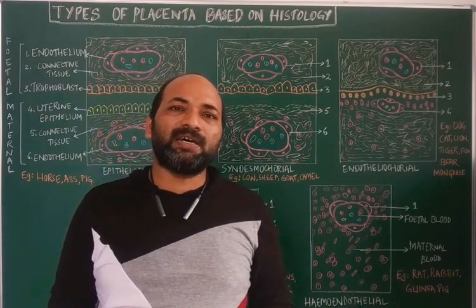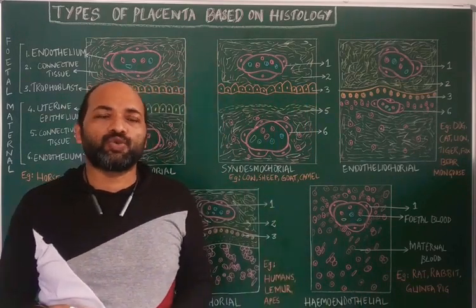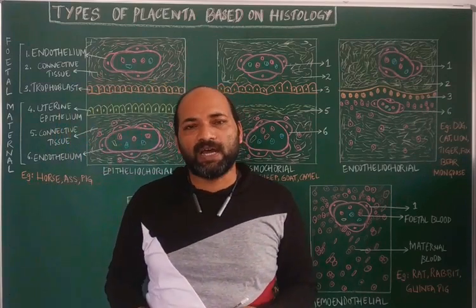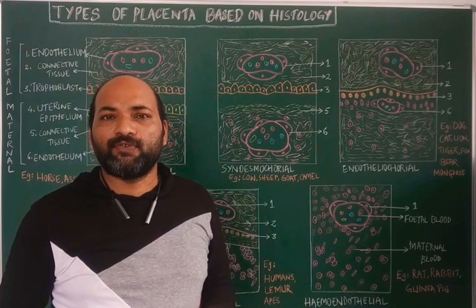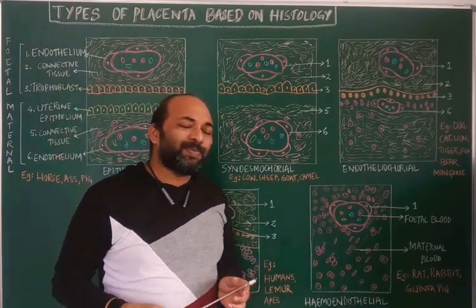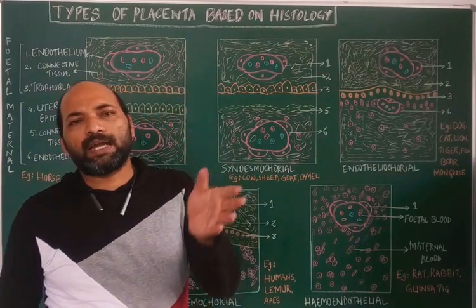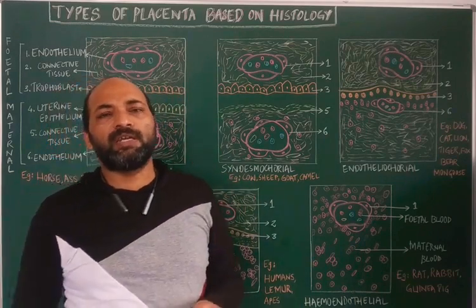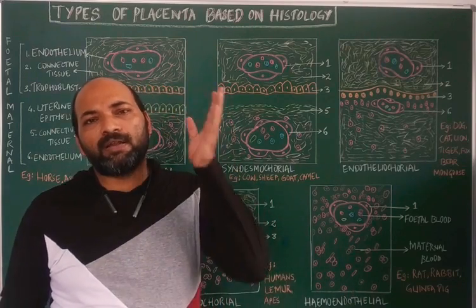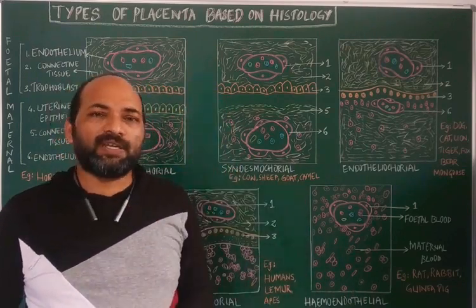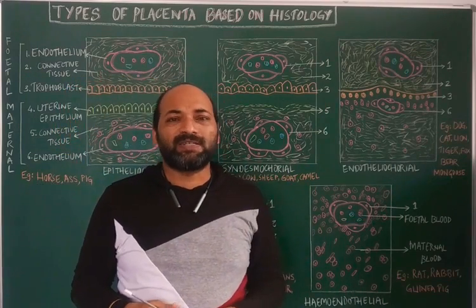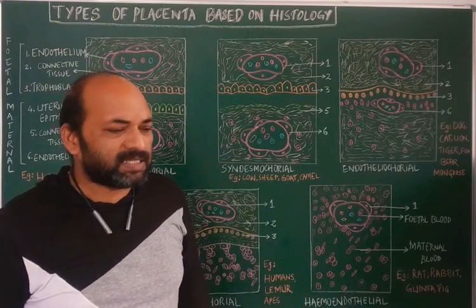The placenta is also involved in storage of glycogen as well as fat in the form of a reserve food material for fetal growth. And the placenta also acts as a barrier which prevents the entry of unwanted substances from the maternal circulation to the fetal circulation. Those were the functions of the placenta which we had already discussed.